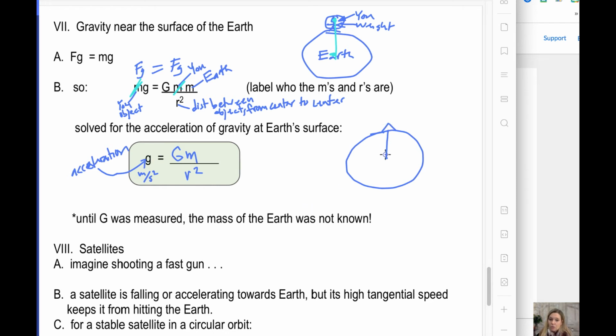Theoretically, it should. Aren't you further away from the center of the Earth? Isn't the force, just like magnets being separated more, shouldn't the force be less? And the answer is the force is less, and so then the acceleration should be slightly less too. So the acceleration due to gravity would be less on the top of Mount Everest because r is greater.